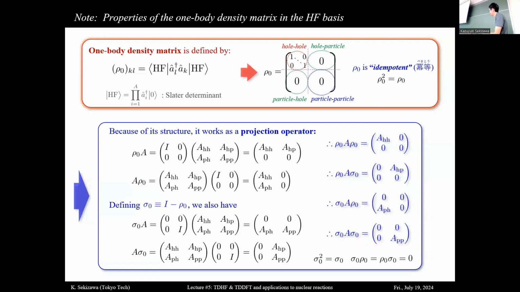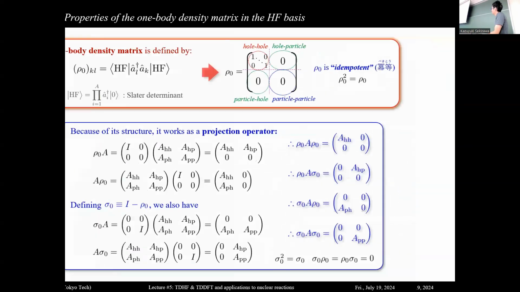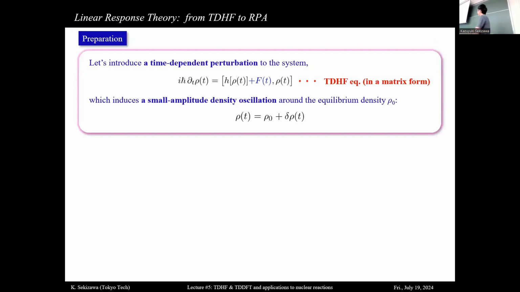This is just a preparation to derive the RPA. So now let us derive RPA from TDHF. If you remember, after the variation of the second quantized form of Hartree-Fock theory, you get this Hartree-Fock condition.